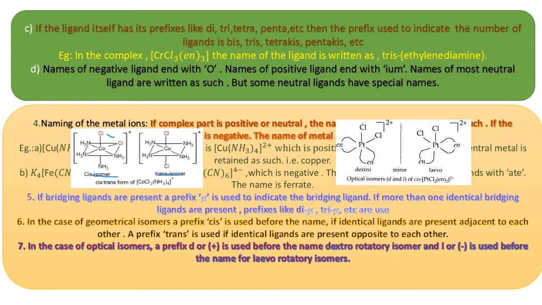Here, in the first structure, it is dextro because the substance rotates the plane of polarized light to the right, that is clockwise. It is said to be dextrorotatory, the D or plus, and its mirror image, which rotates the plane of polarized light to the left, is levorotatory, that is L or minus.